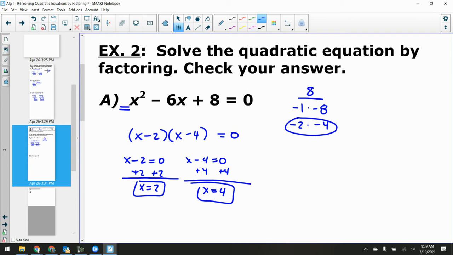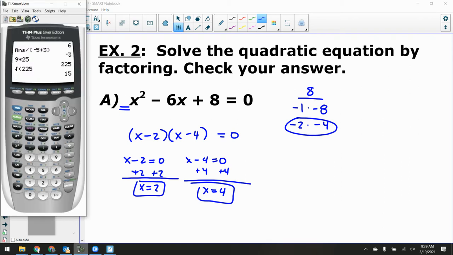What is that telling me? That's telling me that if I plug in 2 or 4 back into the equation, I should get 0. And you can check your answer to do so if you'd like to.